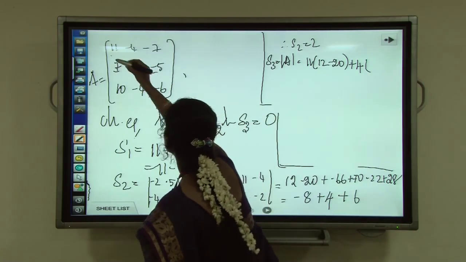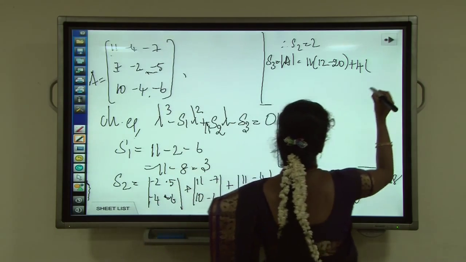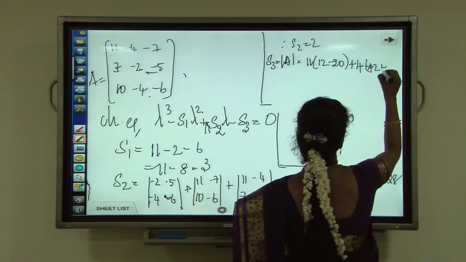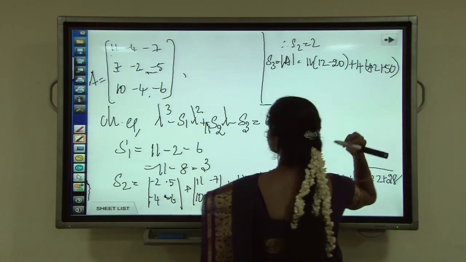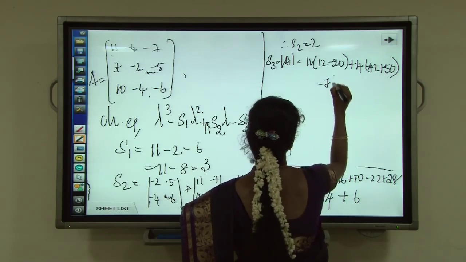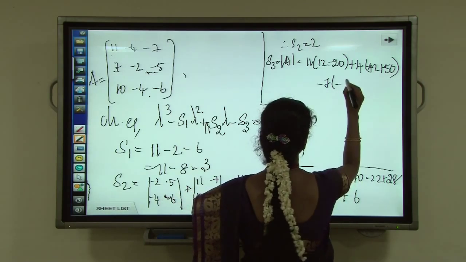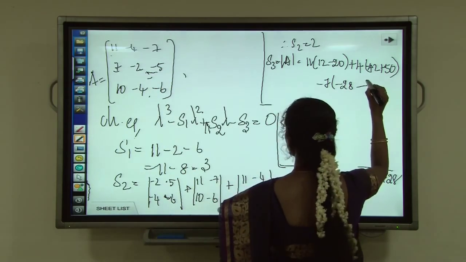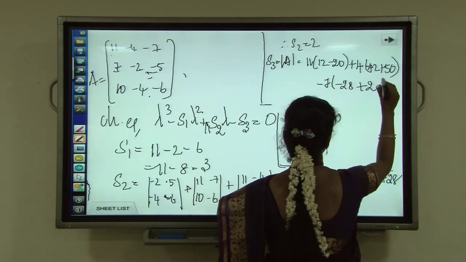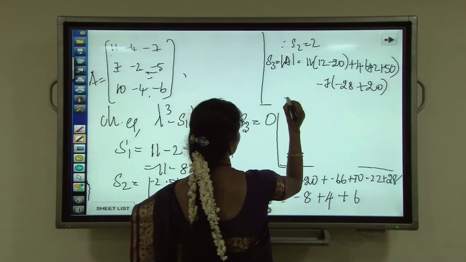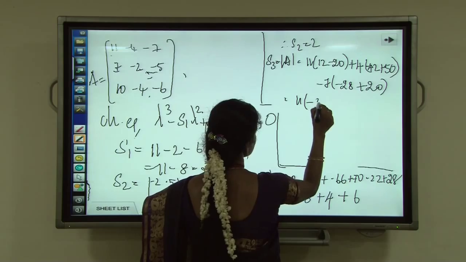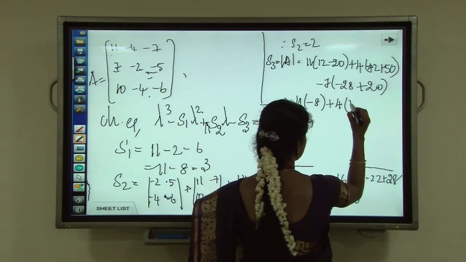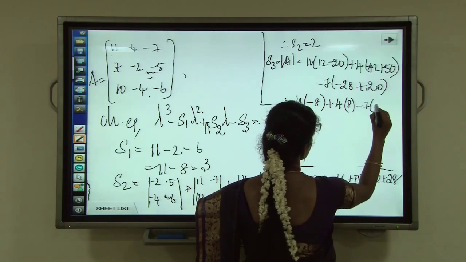Taking off the corresponding row and column, you get minus 42 plus 50, minus 7, minus 28. Multiplying 4 into minus 4 is minus 28 plus 20. Simplifying further, we get 11 into minus 8 plus 4 times 8 minus 7 into minus 8.